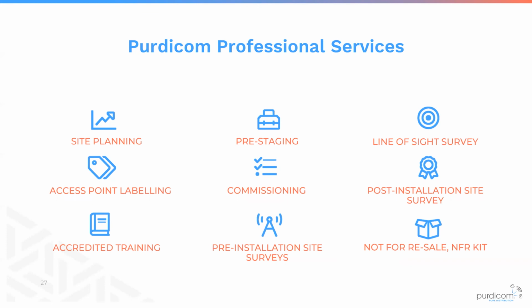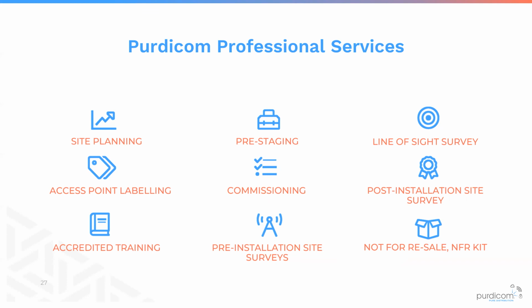We also offer pre-staging, so to save your engineering resource and mean you can process more work or more jobs. We actually can pre-stage all the equipment before it even gets to your site. So we'll go to our warehouse, we'll get the kit, we'll configure it exactly how you want it to be configured, and we'll ship it directly to you, meaning you just have to slot it into the rack.